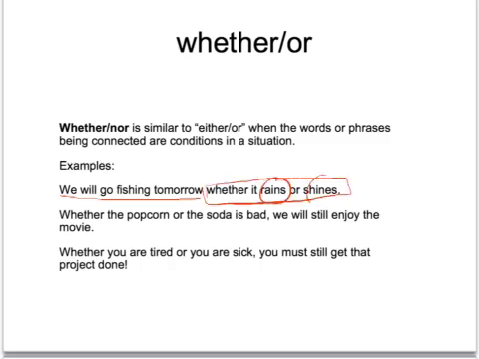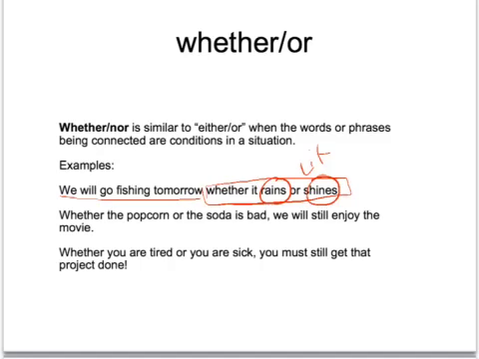So rains, shines, was being connected. Here again, I probably should have put it in there, whether it rains or it shines, to make it exactly equal. But rains and shines are basically of equal value, but in this case, they're opposites, right? If it's a rainy day or it's a sunshiny day, we're going to go anyway. So it's showing these opposites.